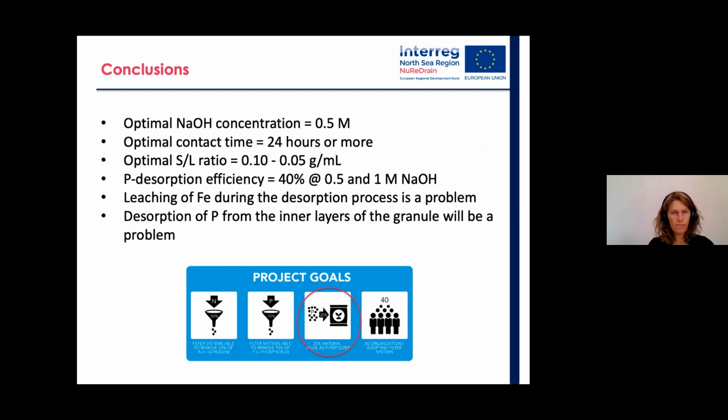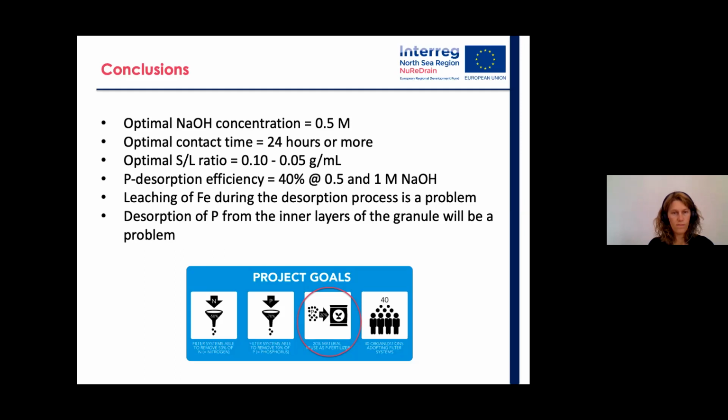I will conclude my presentation with this. I give you some general conclusions. I think the optimal sodium hydroxide concentration is 0.5 molar, that we saw from the batch test, but also in the continuous experiments.